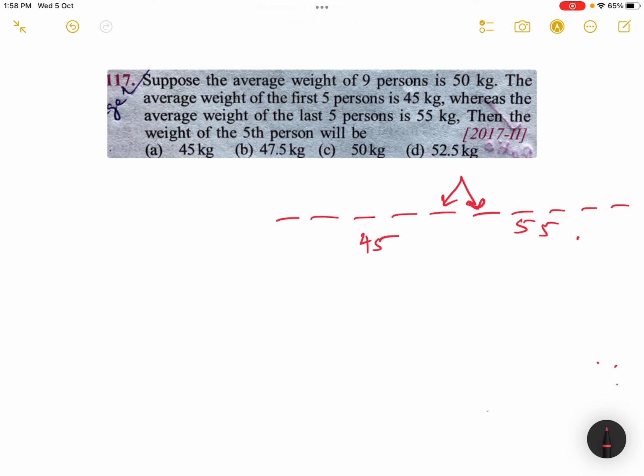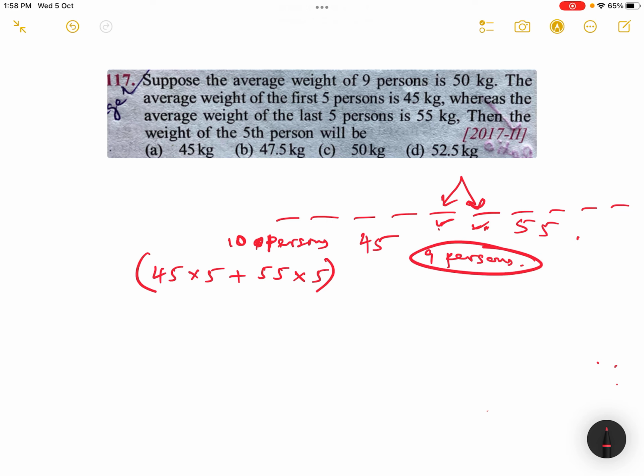That's the trick. So the sum of the 10 students would be 45 into 5 plus 55 into 5. Someone has been counted twice already, so we're going to subtract the 9 persons' total.